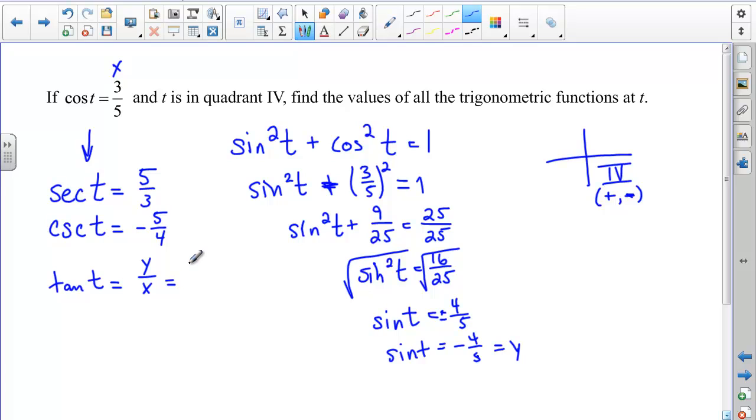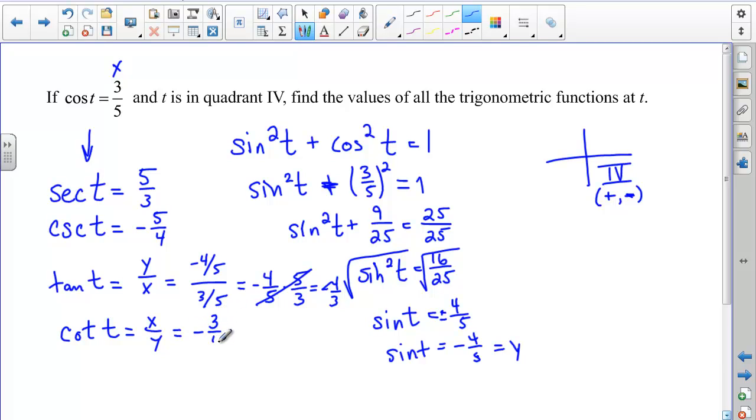I have negative 4/5 divided by positive 3/5. And for those of you that won't use a calculator, that's good. You get negative 4/5 times the reciprocal of 5 over 3, canceling out those and getting negative 4/3 as our tangent. And the cotangent of t is easy because that's x over y, which is the reciprocal of y over x. And so we can just say that's negative 3/4.